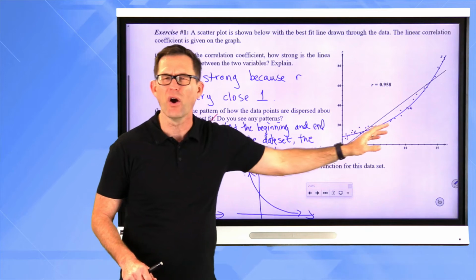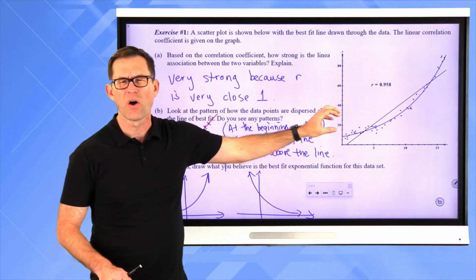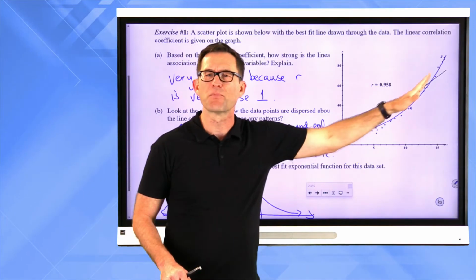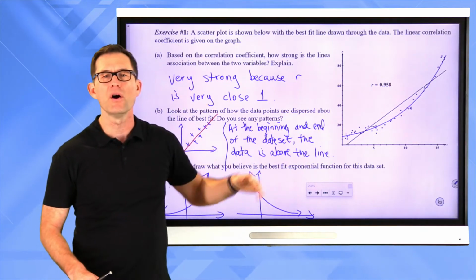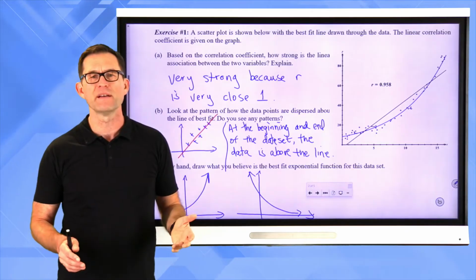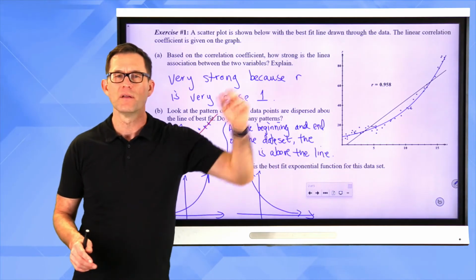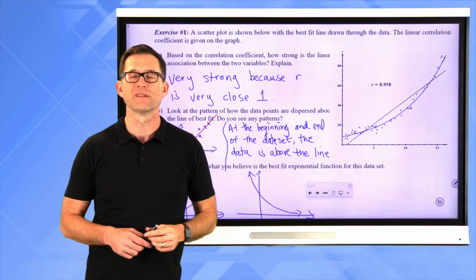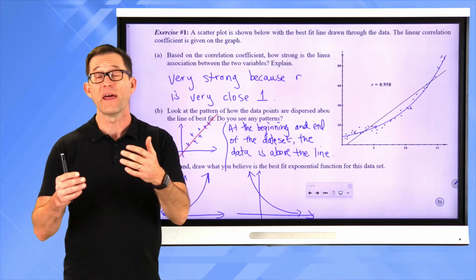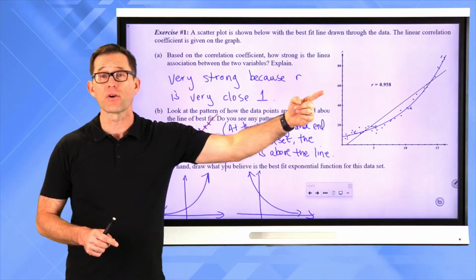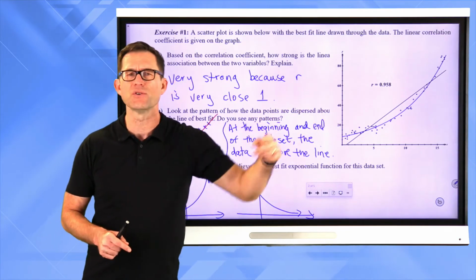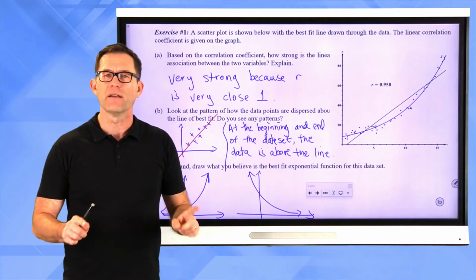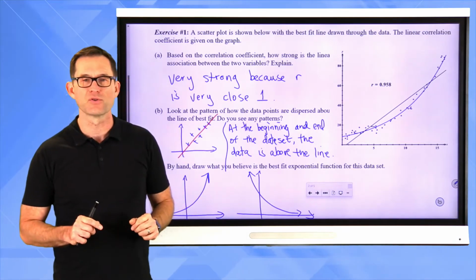We don't have this weird, oh, it's all below here, it's all above here, right? The data is dispersed evenly above and below the curve of best fit throughout the domain of the data, all right? And that's what really tells us that in this situation, an exponential curve, even though the linear curve shows a great association, a wonderful 0.958, we still suspect the exponential should be better.